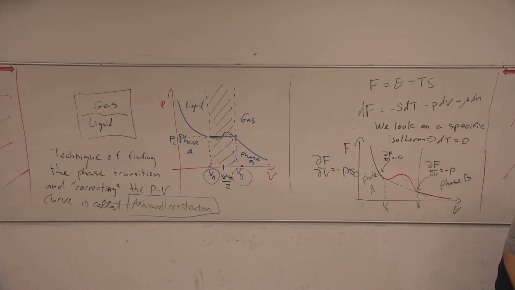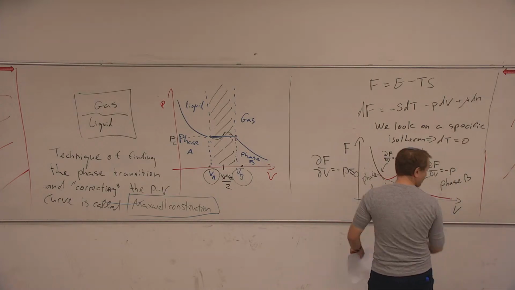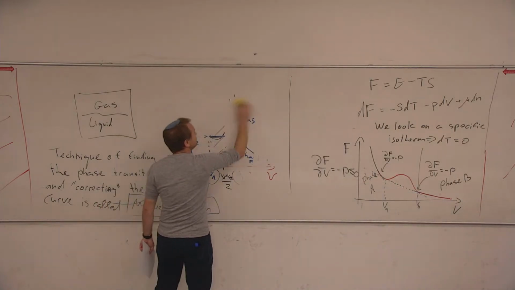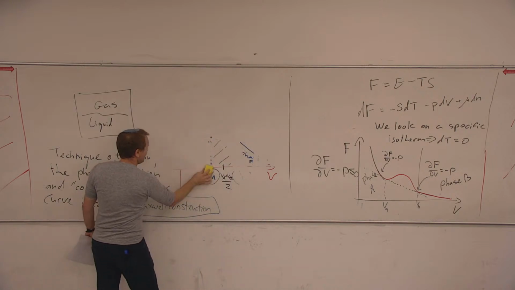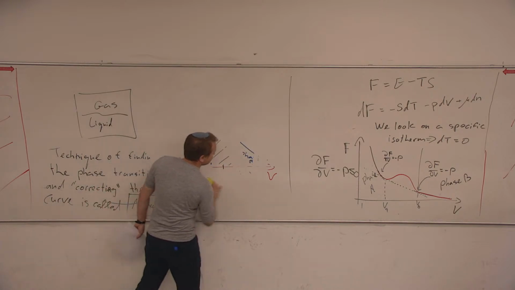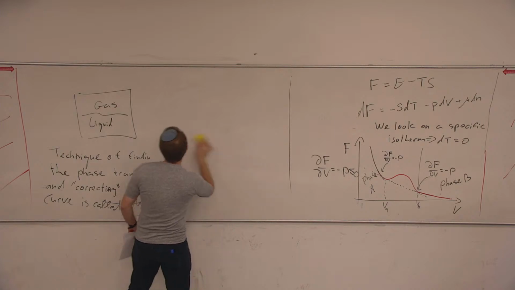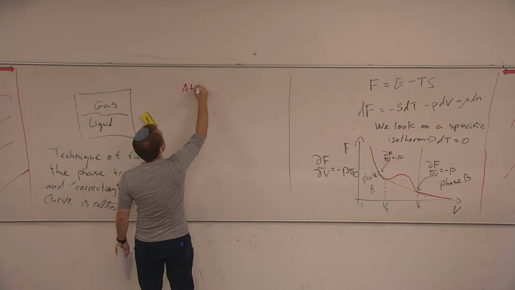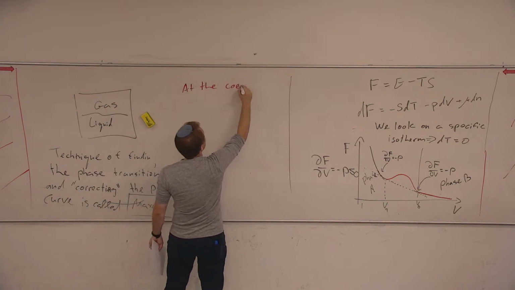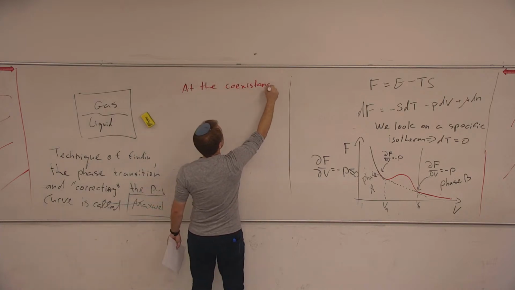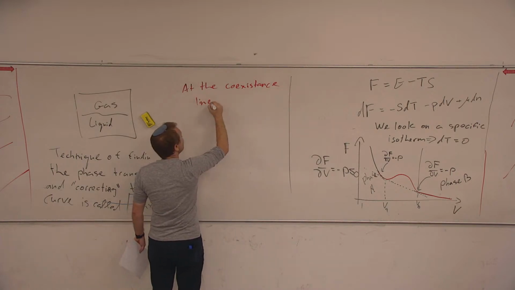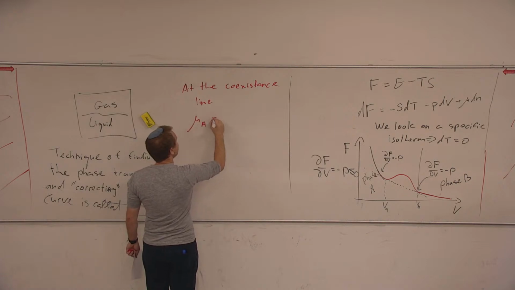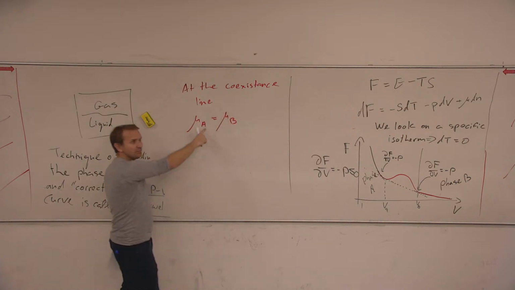Now, his assumption was, remember, what happens in equilibrium? This is what we have plotted in the previous lecture. So we know exactly at the coexistence line, when the liquid and the gas live together, we have mu A equals mu B. This is very important.